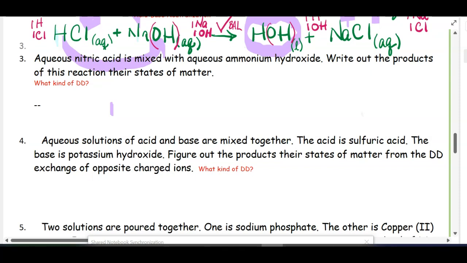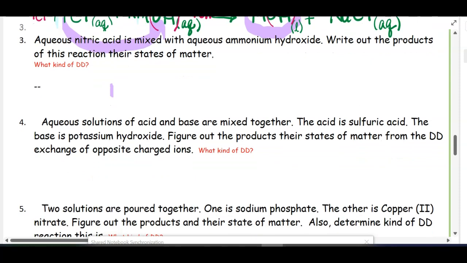All right, now aqueous nitric acid is mixed with aqueous ammonium hydroxide. Write out the products of this double displacement. All right, let me get another color. All right, so it says aqueous nitric acid. Nitric acid is like hydrogen nitrate.